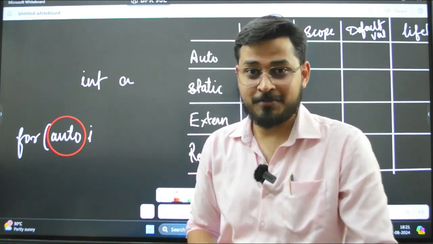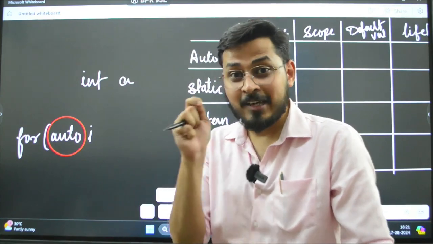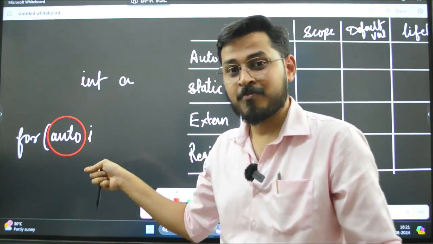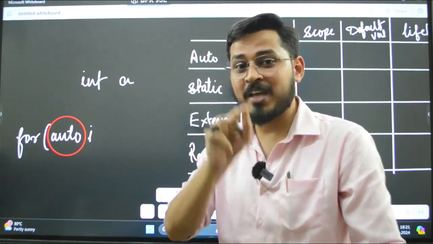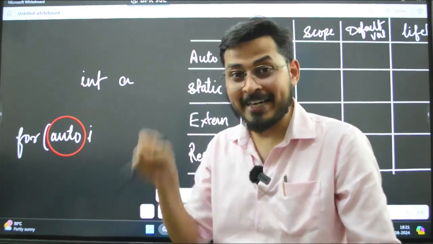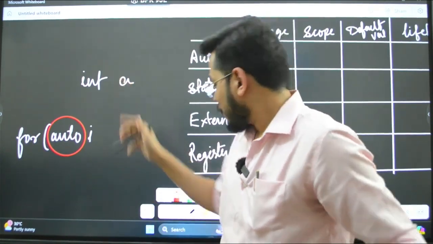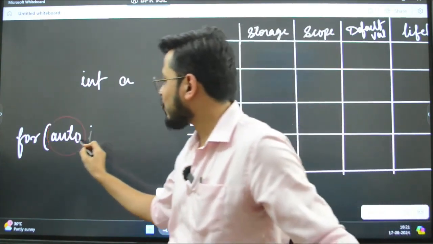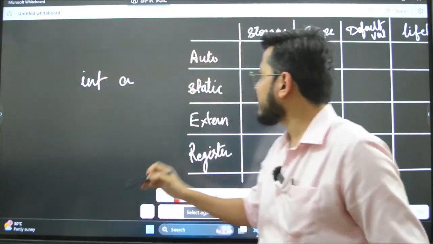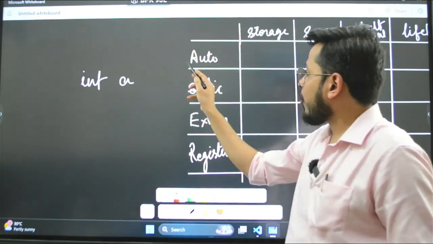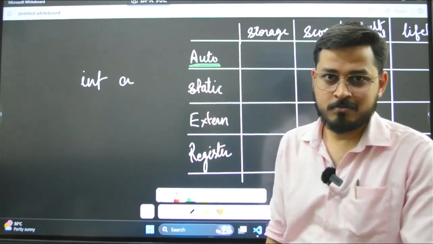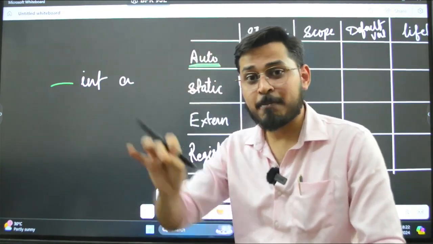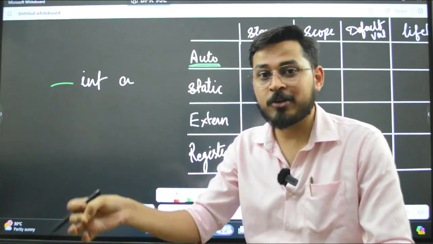When we do the graph concept in data structures, we will be creating these kinds of for loops where we write auto, and at that time I will explain what this auto is. So don't get confused with the auto inside the for loop right now. Understood? Just remember that this auto is very different from the auto I am talking about here. We are talking about the storage class auto. So when you don't write anything before the data type, that is an auto storage class for that variable.